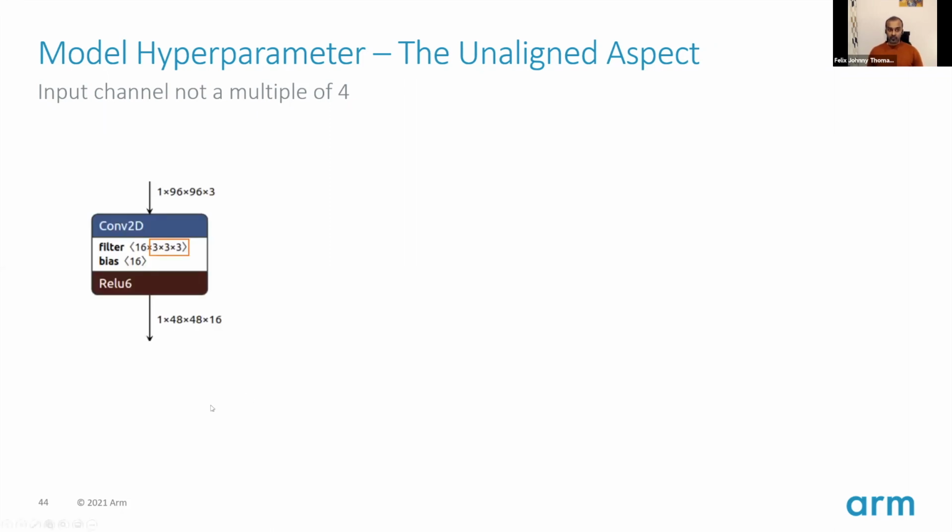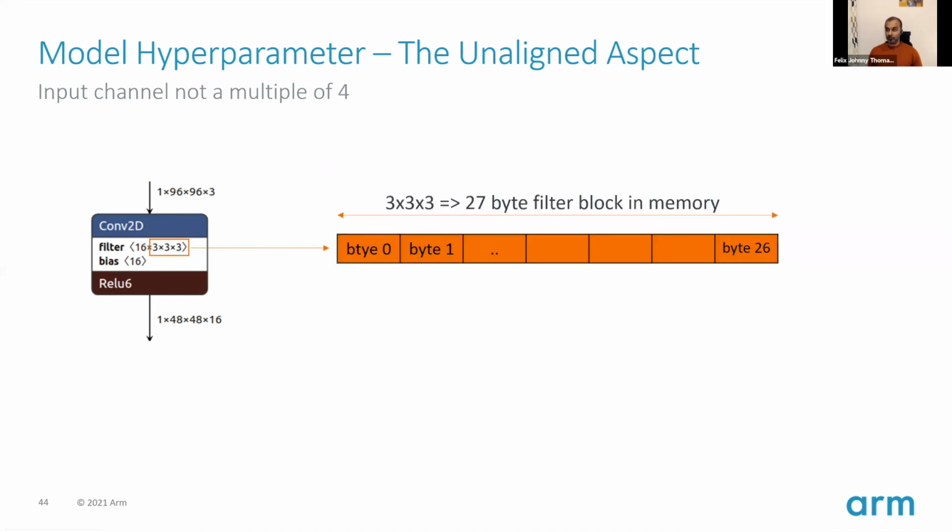If you take a convolution example here with a 3x3 filter, this is how it looks in memory. You have 27 bytes of memory which are stored contiguously.